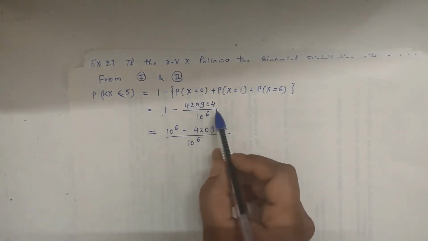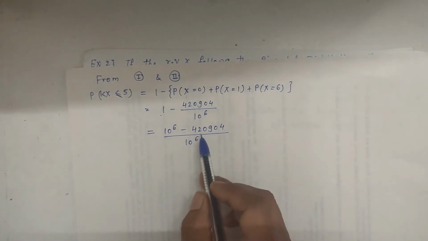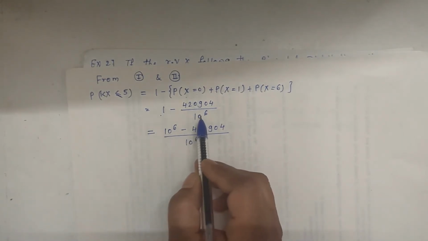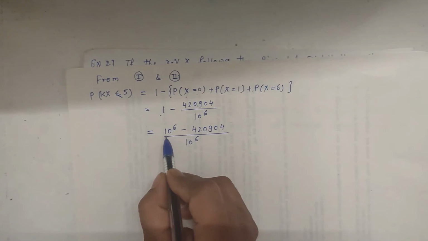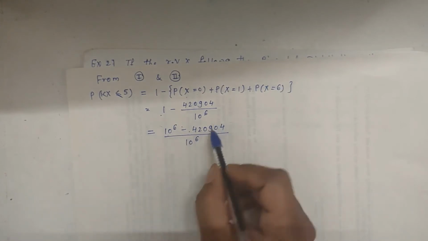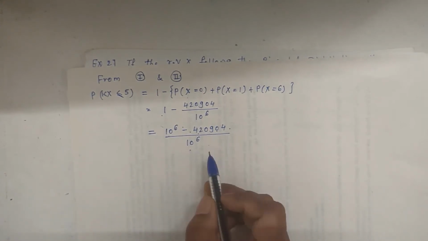So 1 minus the value of these probabilities, then by cross multiplying we get 10 raised to 6 minus 420904 upon 10 raised to 6.